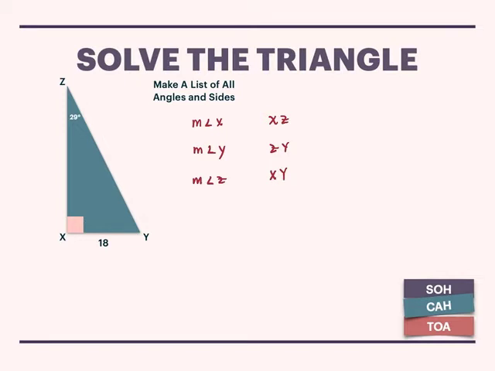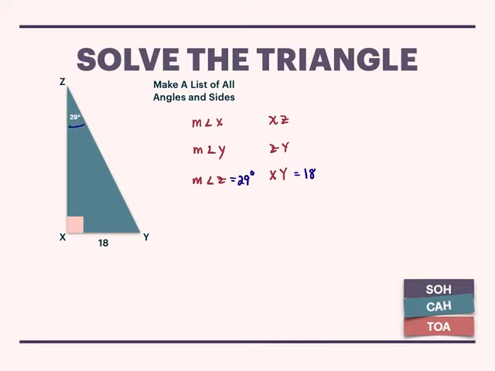And let's start filling in things we do know. We know angle z is 29 degrees. That was given to us. We know xy here is 18. You can attack it with either trying to find the angles first or trying to find the sides first.